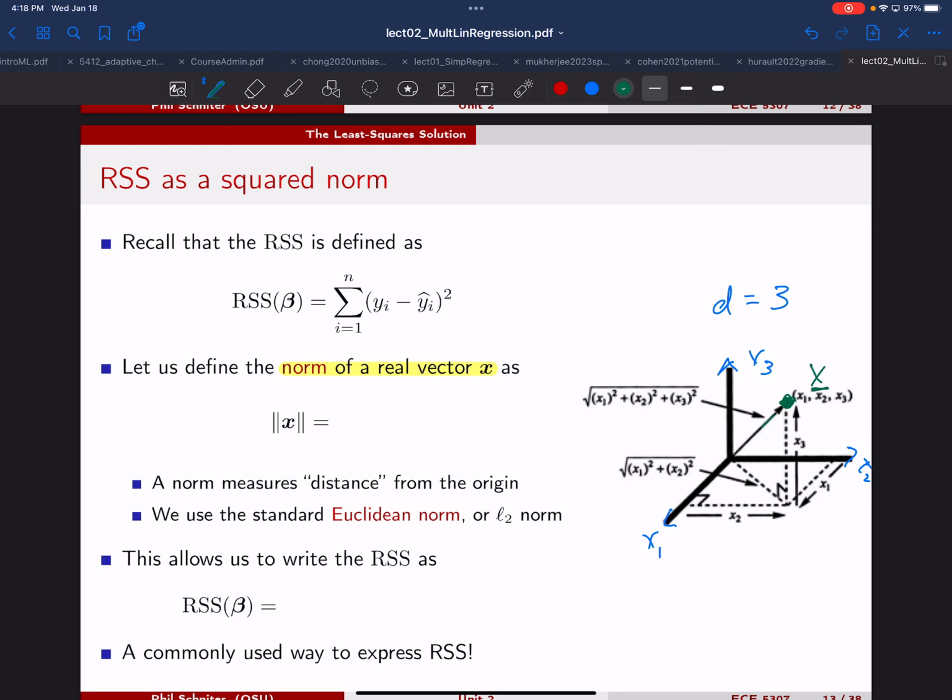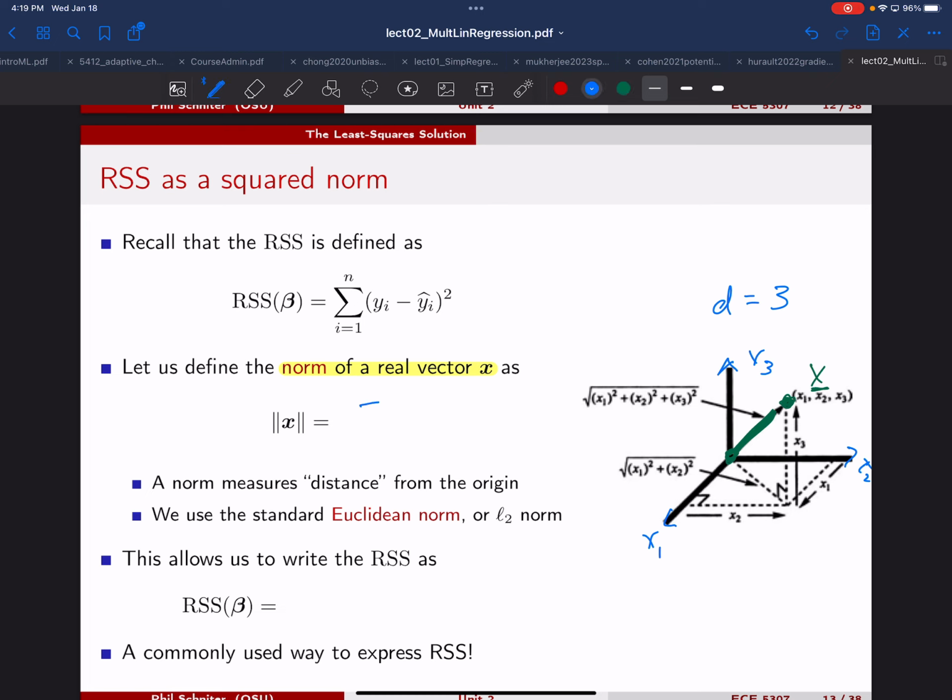And if I want to measure the length, the distance between that and the origin, there are different ways to measure that length, but the most common way is the Euclidean definition of length, the Euclidean norm. Does anybody remember what that is mathematically? Square root of the sum of the squares. Yes, exactly.